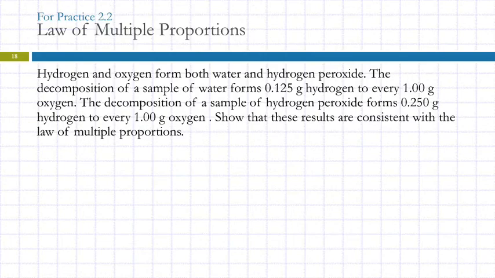So what we need to do is take the mass of hydrogen combining with 1 gram of oxygen for the first one and make it a ratio with the second one. I'm going to put the second one on top because it's larger. So we've got 0.25 grams of hydrogen per 1 gram of oxygen, and 0.125 grams of hydrogen per every 1 gram of oxygen.